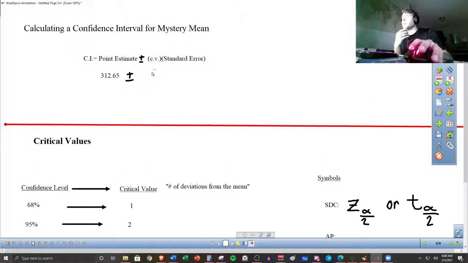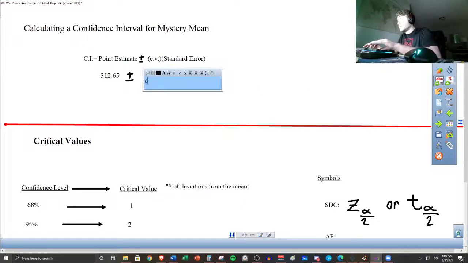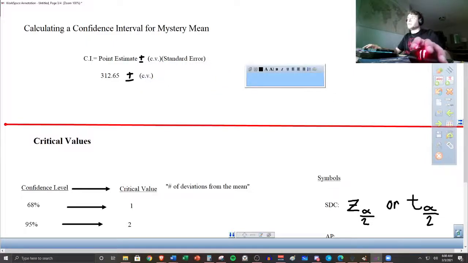So our critical value will be either 1, 2, or 3. We'll leave this as critical value, minus critical value, and we'll add a value in there soon.